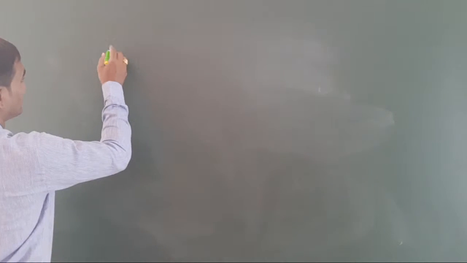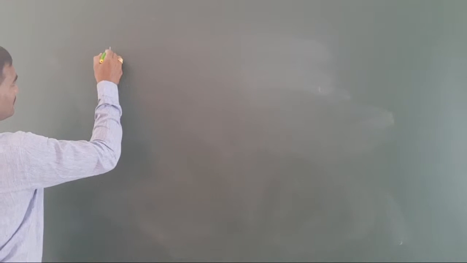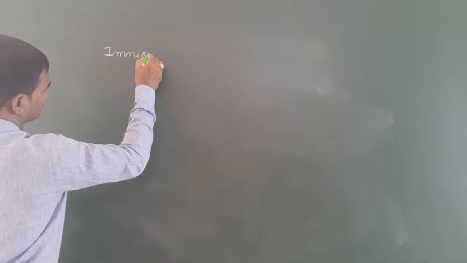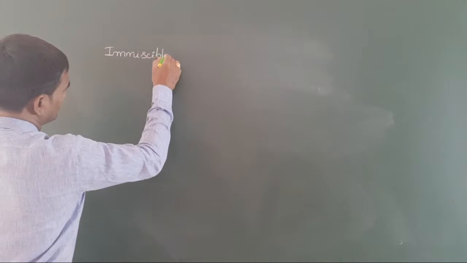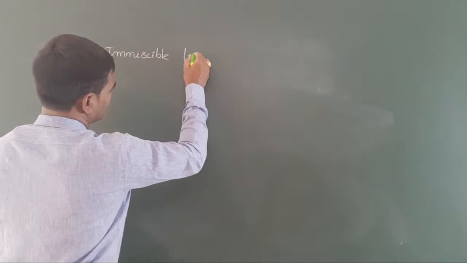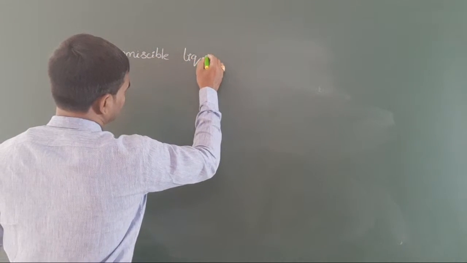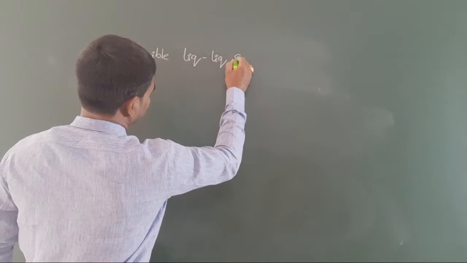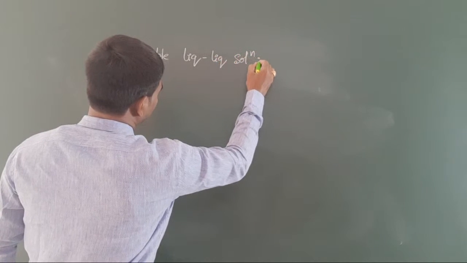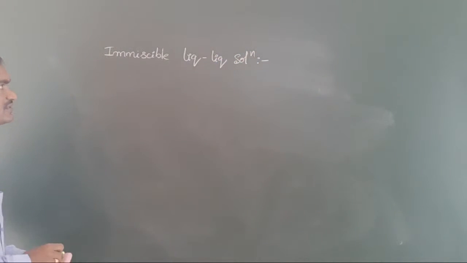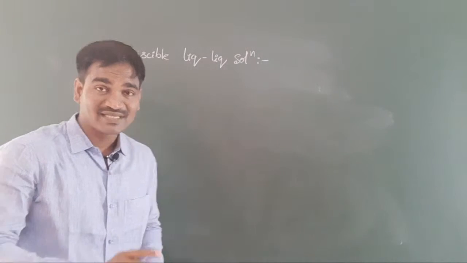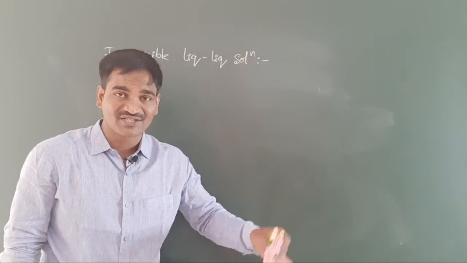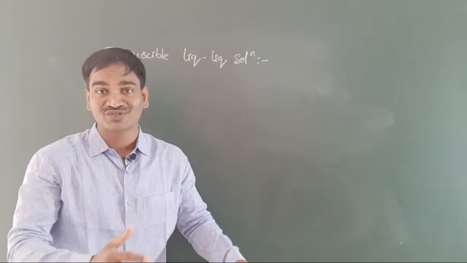Put a side heading, all of you: immiscible liquids, or immiscible liquid solutions. You take it like this. Before, all were miscible liquid solutions: Raoult's law, case 1, case 2, case 3, different forms, all those.